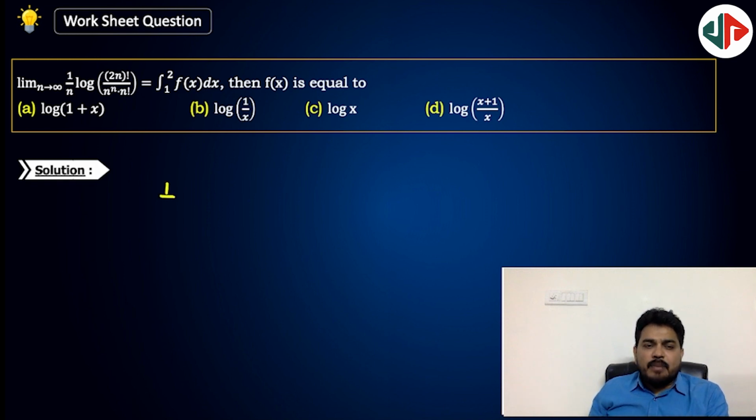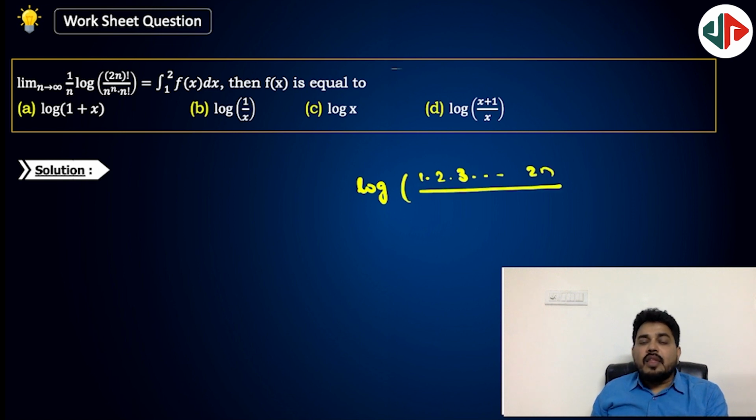The next question is limit n tending to infinity of 1 by n. So this is 1 by n. When you write this log, you can go ahead with the sigma log of. Actually, what happened? Look at here. Let me write this one more clear way. This is log of 1 into 2 into 3 into 4 up to 2n by 1 into 2 into 3 up to n into n power n.